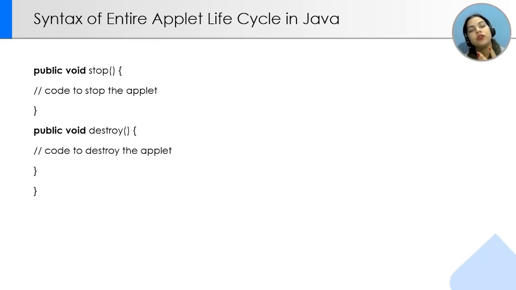And then we use the destroy method, which will destroy the applet code. Once the destroy method is called, the entire applet will be destroyed. But the stop method will not destroy the applet. It will fluctuate from start to stop, stop to start again and again. But once the destroy method is called, we will not start the applet again. So this is the syntax of the entire life cycle of an applet.